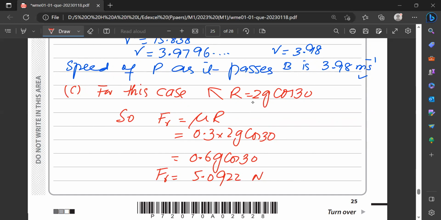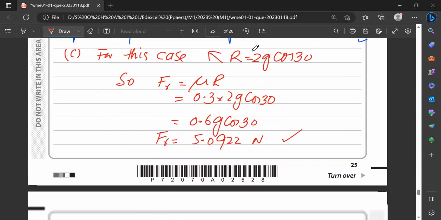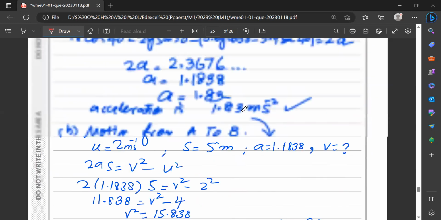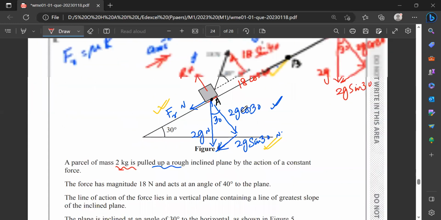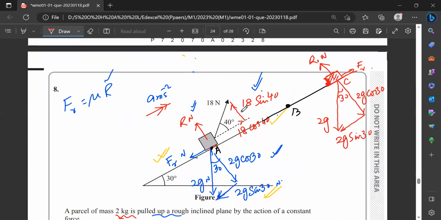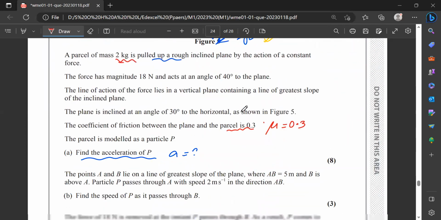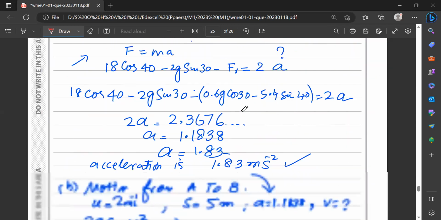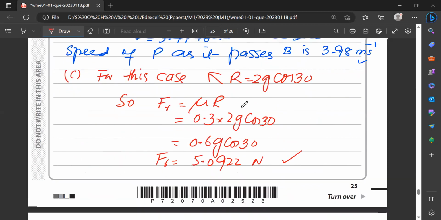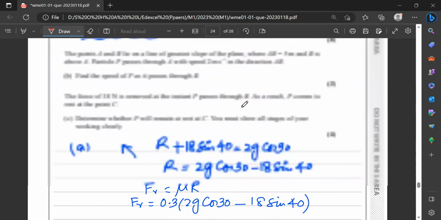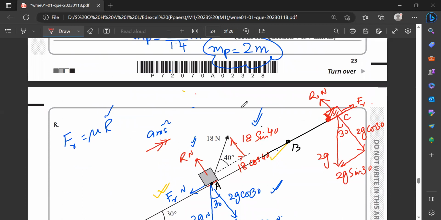So if this is the friction force which is acting, obviously the particle will try to move down when the 18 newton force is not there. The friction force which can act here on the particle is 5.0922 newtons. You can calculate the component of the weight which is acting downwards.